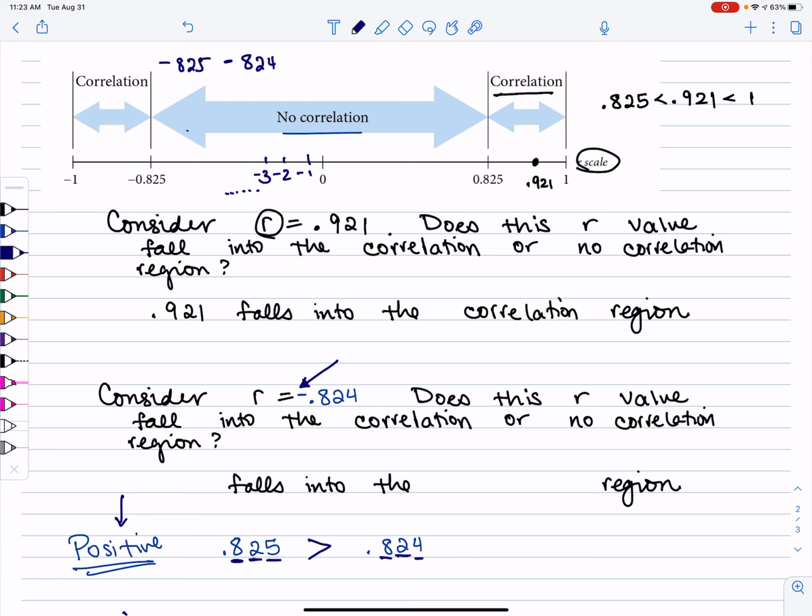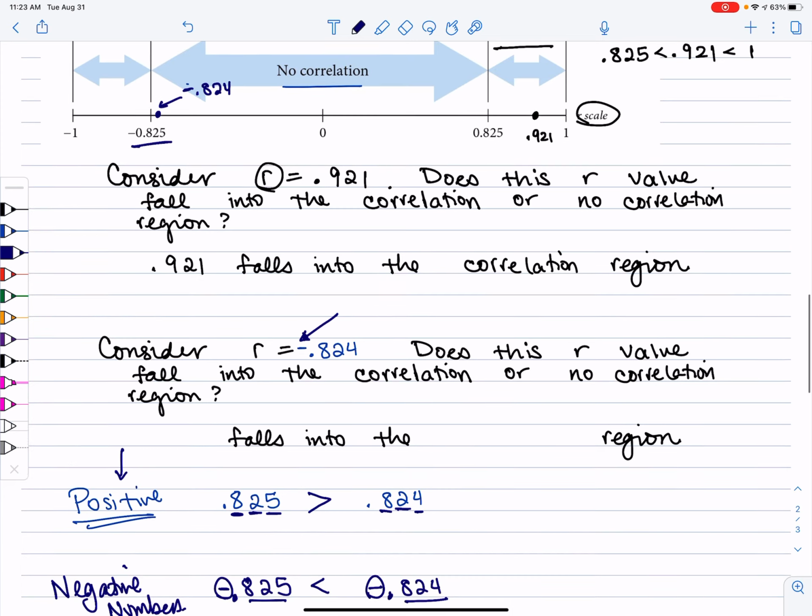Not the decimal part, but the whole number part. So when we are talking about negative numbers, and that is now back to negative 0.825, then negative 0.824 will be somewhere over here. Okay, I'll write it down. So we have a negative 0.824.